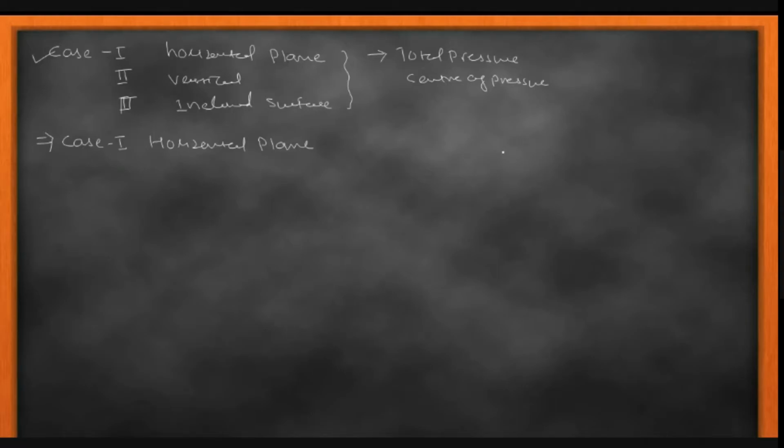Let's say I'm considering this is the free surface. Free surface means above it the air is there, and below it we have a certain fluid. For simplification we take water. So here the water is there.